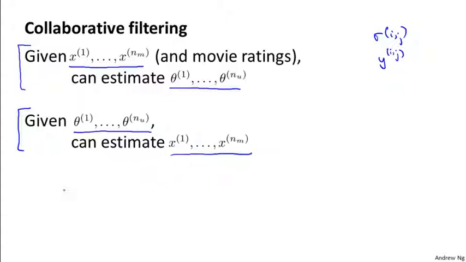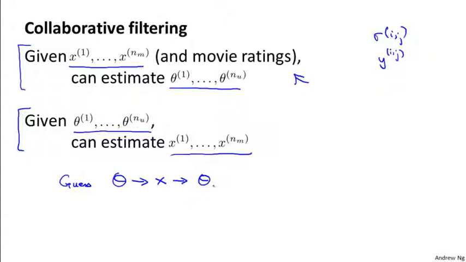And then this actually works. What you can do is, in fact, randomly guess some value of the thetas. Now, based on your initial random guess for the thetas, you can then go ahead and use the procedure that we just talked about in order to learn features for your different movies. Now, given some initial set of features for your movies, you can then use this first method that we talked about in the previous video to try to get an even better estimate for your parameters theta.